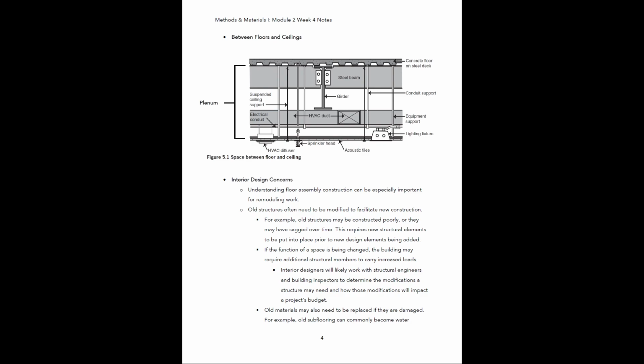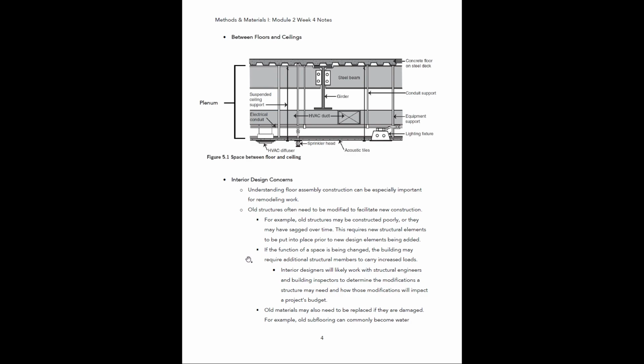And since it will be taking on a lot more weight now, you're going to have to factor that into the design and probably work with a structural engineer to determine how much more structure do we have to add to the building to support all the new stuff and equipment that we're going to be putting into the new space. All right. So that's all things that you have to think about.